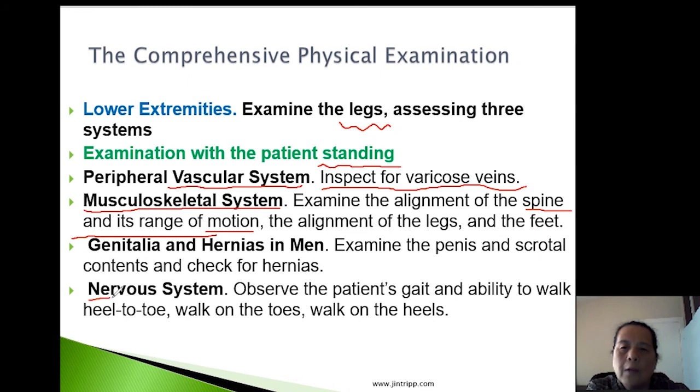We go to the nervous system first. For the nervous system, we look at the patient's gait and how they walk. And also, especially for the genital area, some people have a hernia.